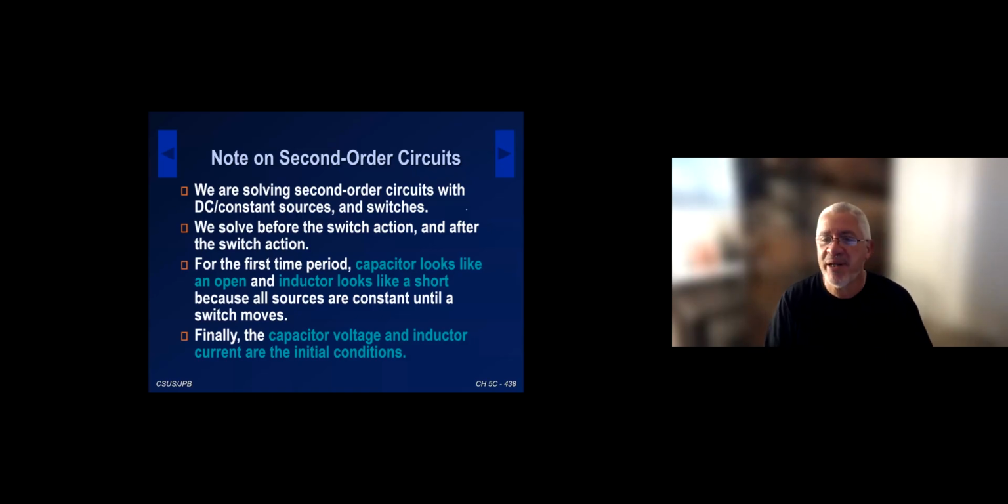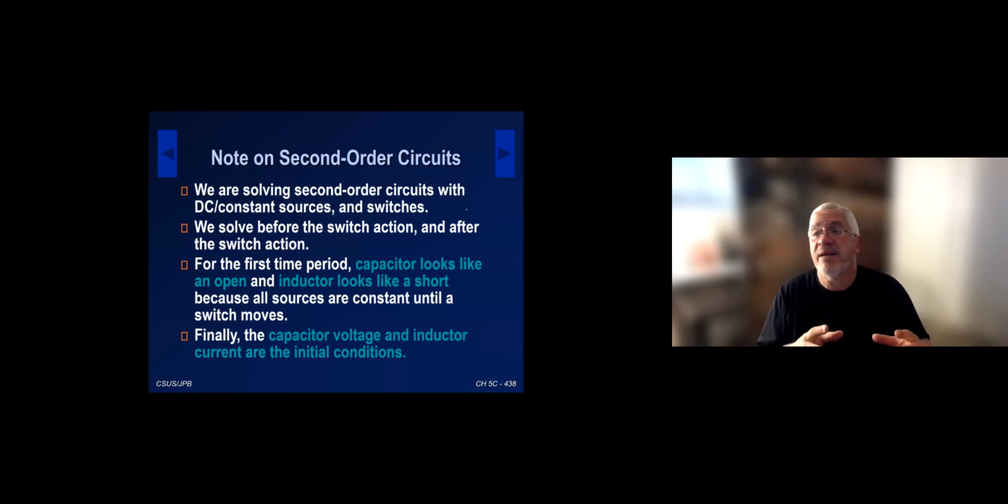The capacitor looks like an open circuit, because if everything is constant, the capacitor current is zero. So we model the capacitor as an open circuit, broken wires. And the inductor behaves like a short circuit, a wire, when everything is constant for a very long time. Those are the things that we've seen before.